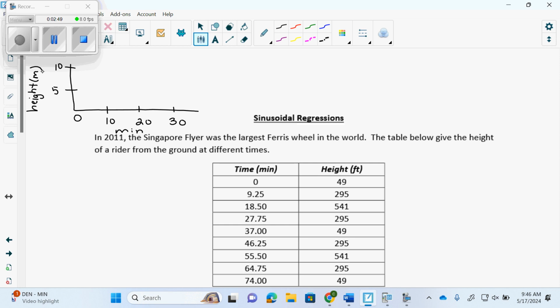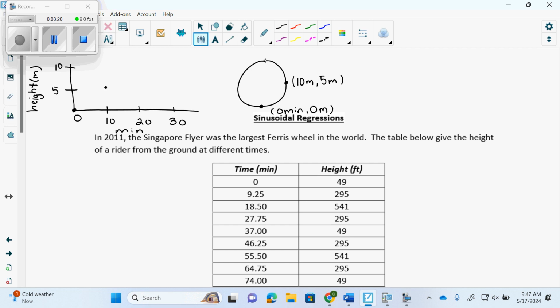Okay? So if I had a circle like this, and this was 0 minutes, I don't write this, we're just taking in what a sinusoidal graph is, and this was 0 meters, then I would have this dot here, correct? Then, if at this spot I was at 10 minutes and 5 meters, it would be here.